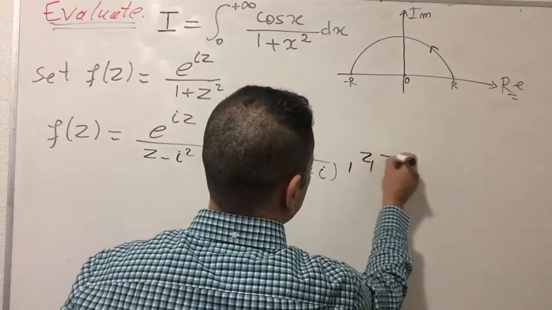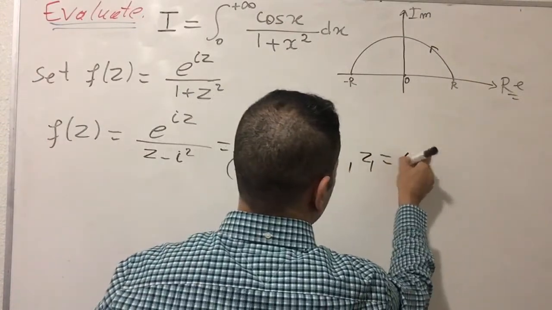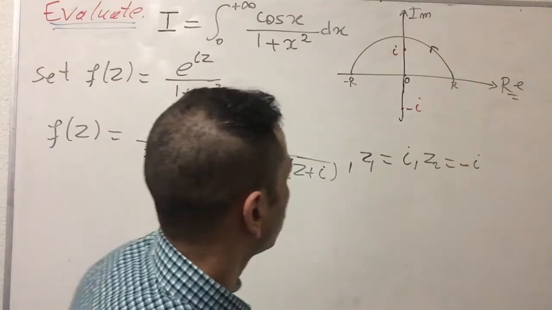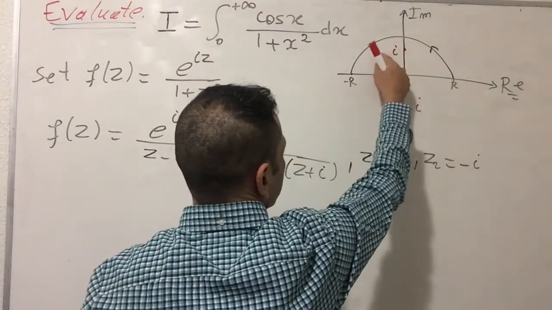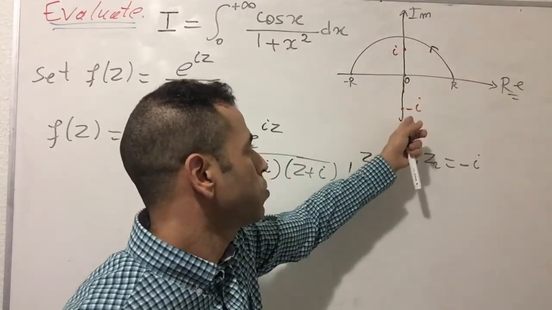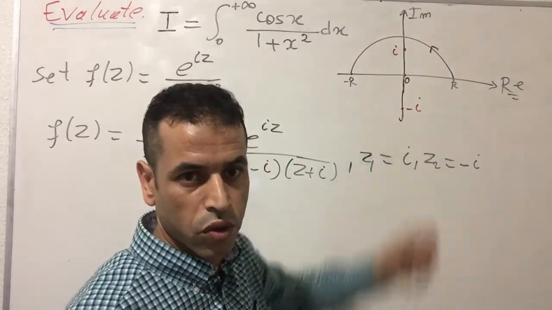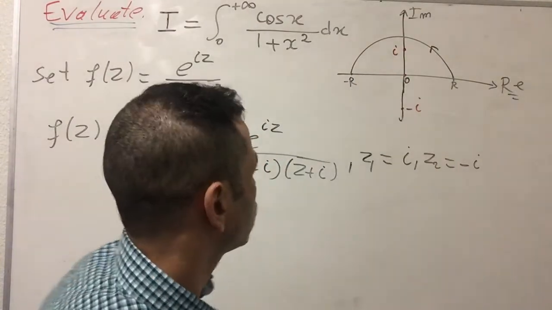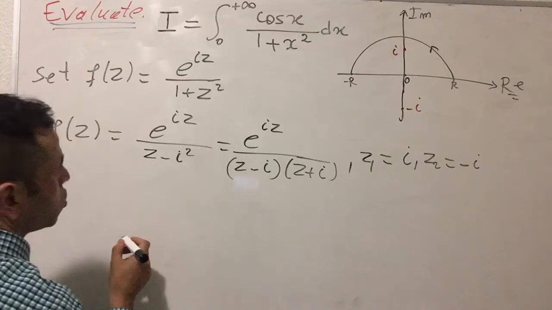The first pole is z equal to i, and the second pole is minus i. The first pole, i, is located inside this closed contour, but minus i is outside of this contour. So we are taking only the one inside of this contour. Now I'm going to apply the residue theorem.